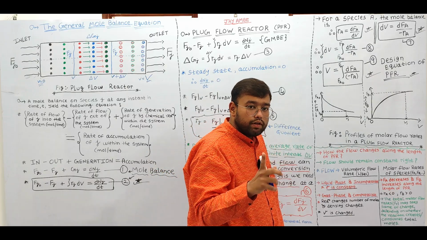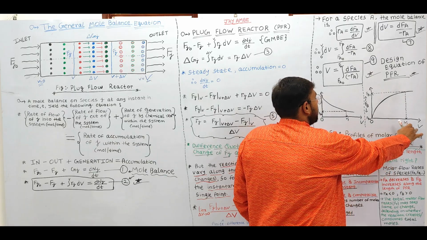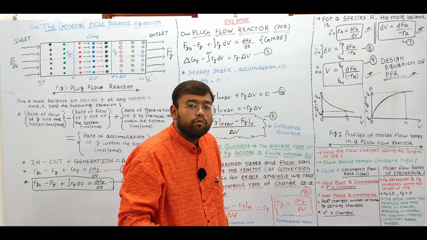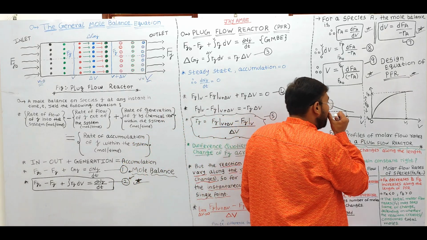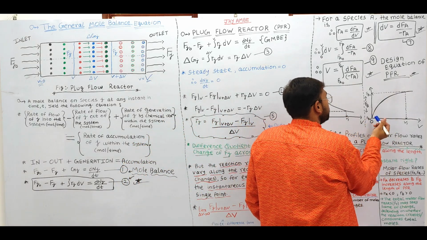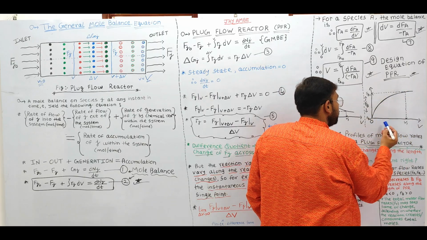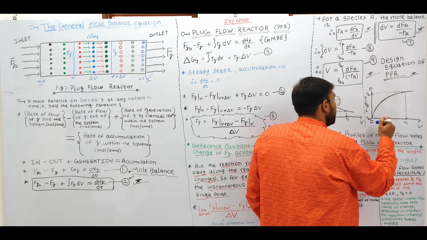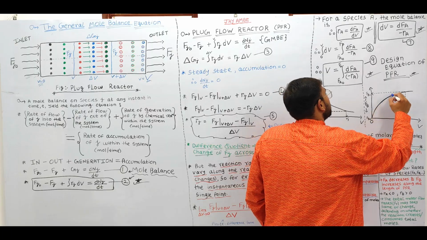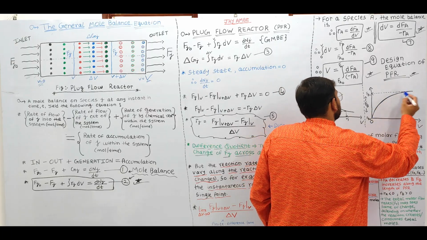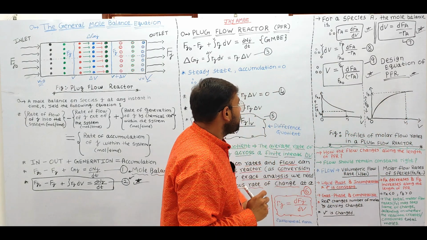So with the progress of the reaction, and along the length and volume of the reactor, new products will form due to the reaction of reactants. Due to which the plot is increasing, right? I hope you have understood, right?